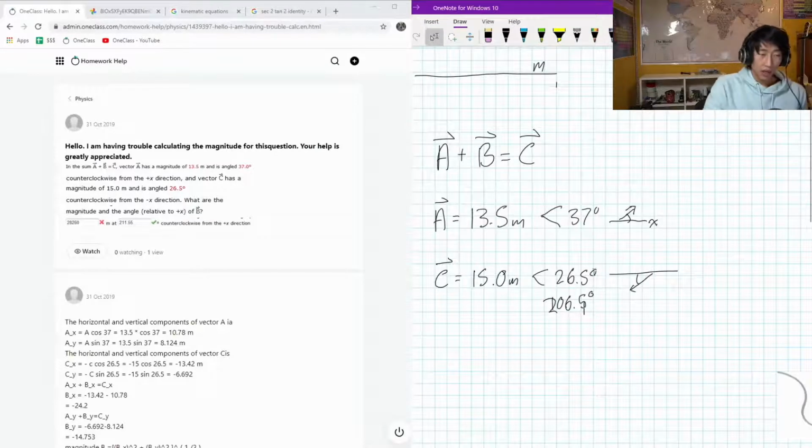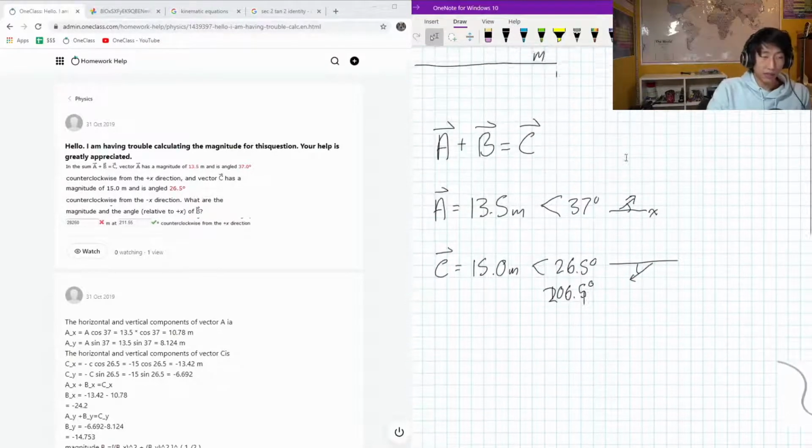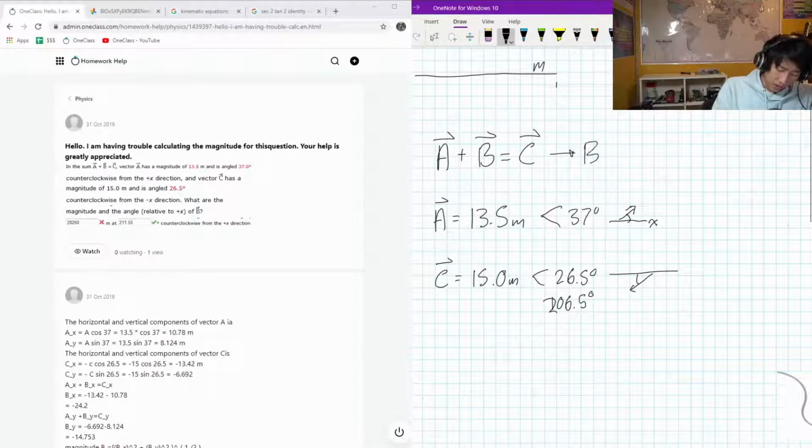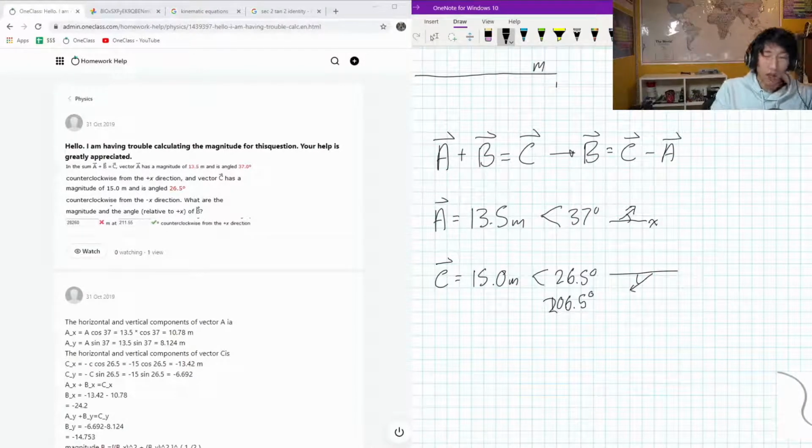Okay, so essentially we're trying to isolate for B, and as algebra goes, we can see that B vector is equal to C vector minus A vector. Now, because we are given them in magnitude and angle form, this is going to be easier to deal with if we get it into rectangular component form, I and J form.